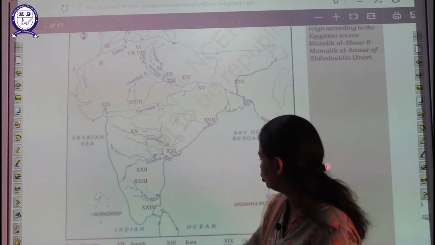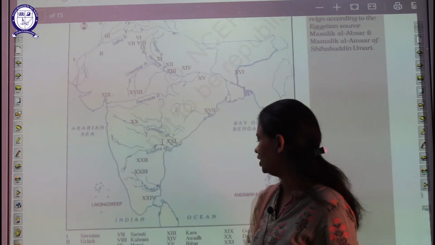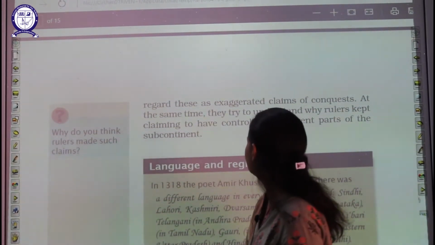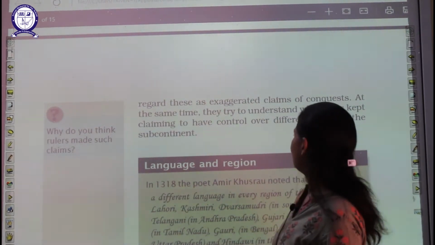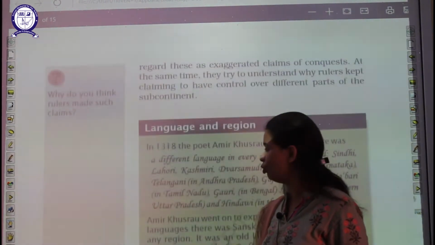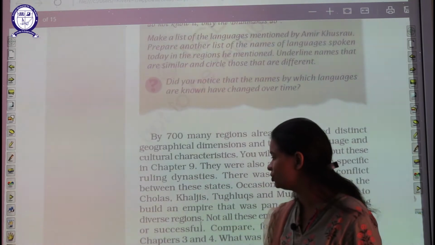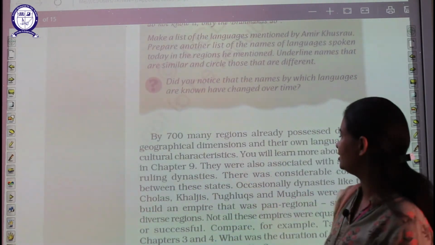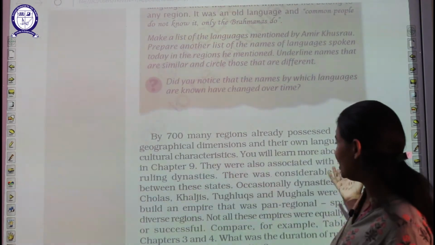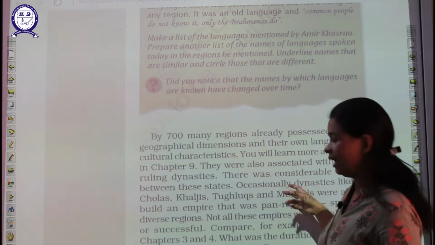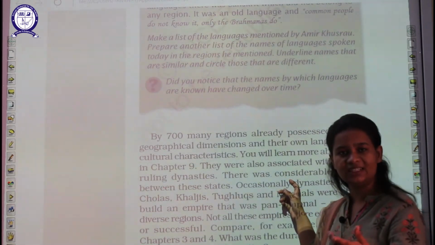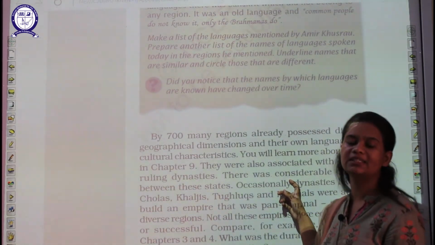You can see here also in this map, the different areas were covered by these dynasties or rulers. So this is what I told you about this chapter, that all these are the changes that we observed during this time period. Now I told you these dynasties came into existence. Which were these dynasties? Cholas, Cheras, Pandyas and many more.